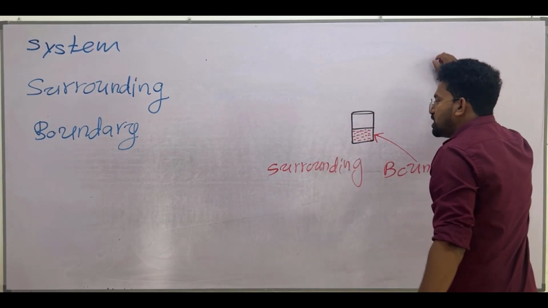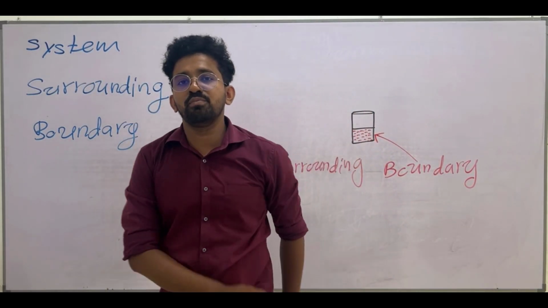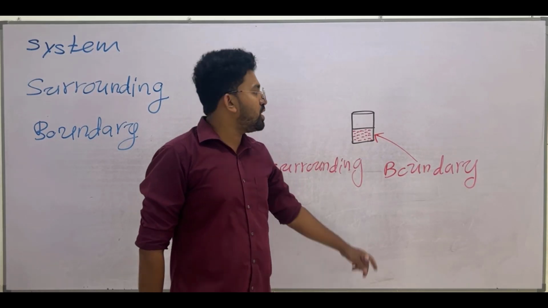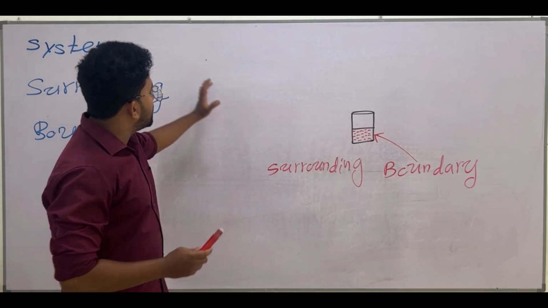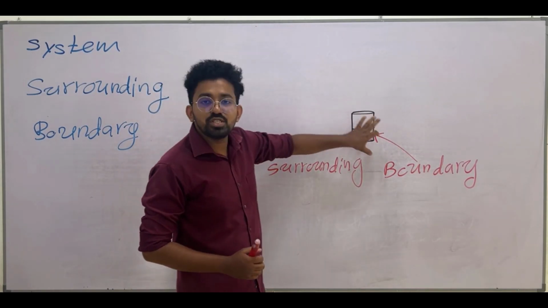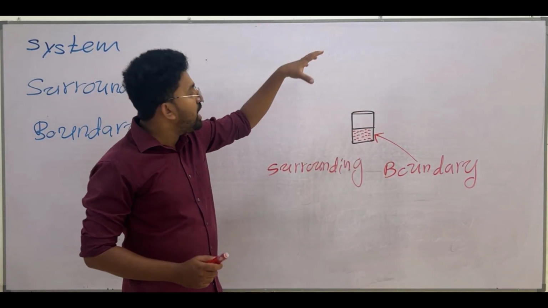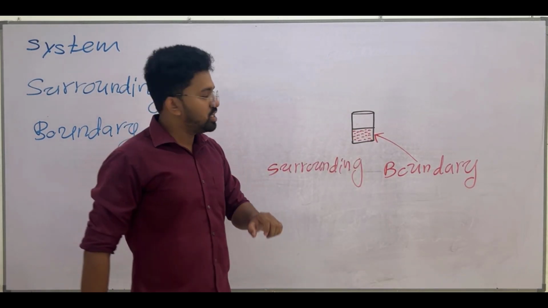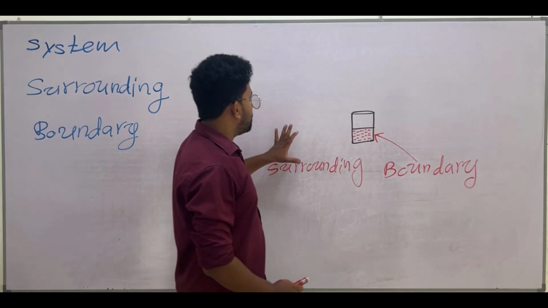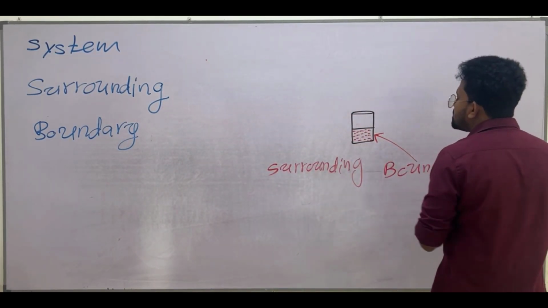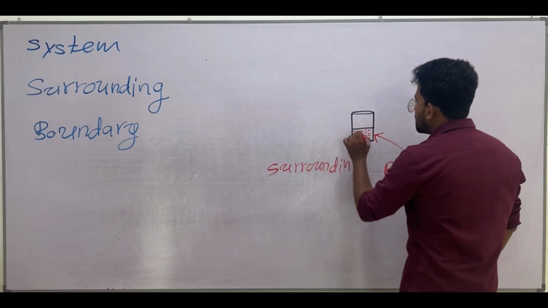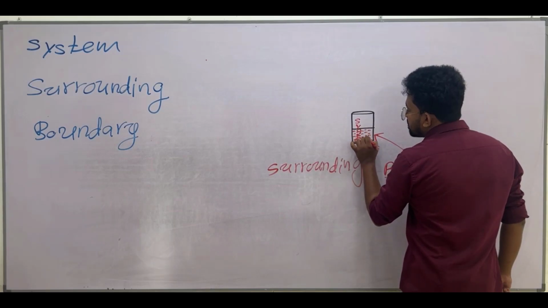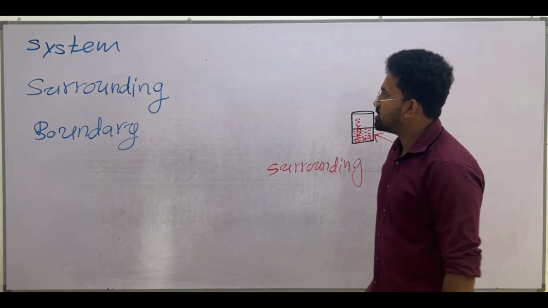All the other parts except the system, we call environment. And the environment close to the system, we call surrounding. Now this one is our system. Inside that one, you can write system.